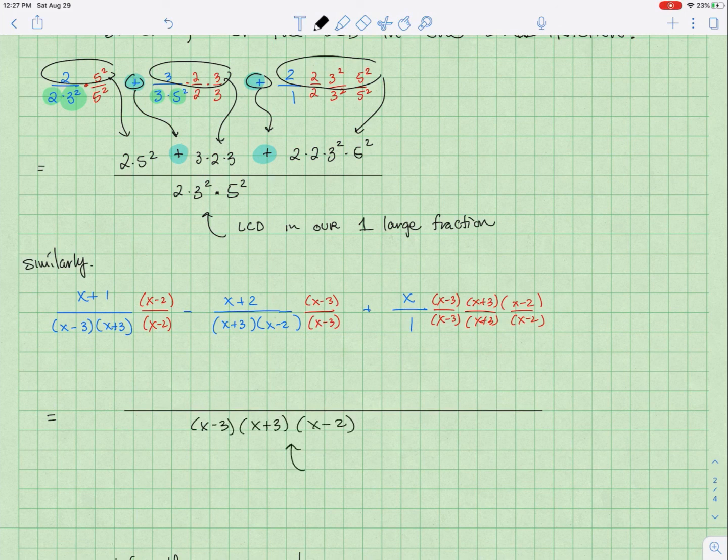That is our LCD in our one large fraction.